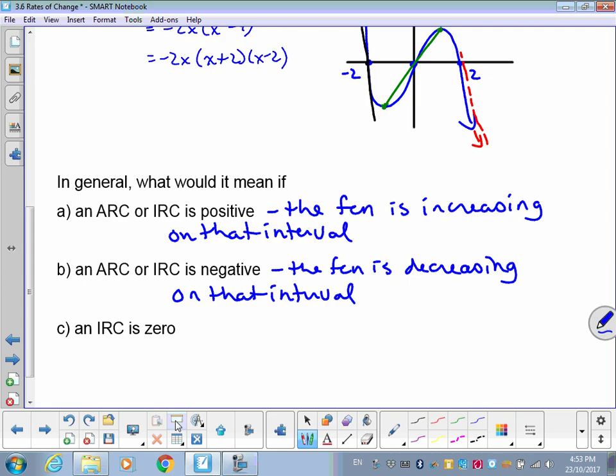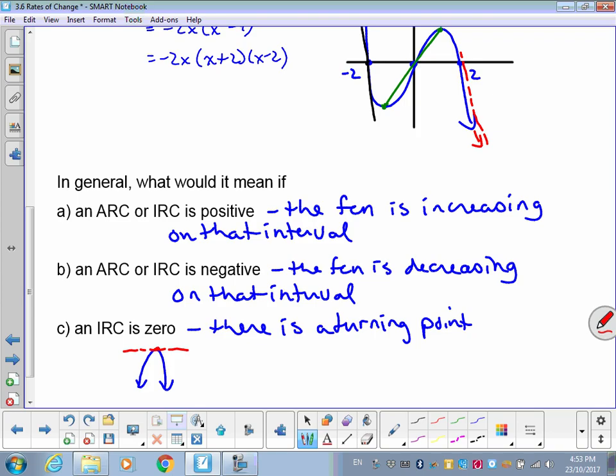And if I draw a horizontal tangent line, where would that happen? It would have to happen at a turning point. If I've got this curve, even if we just stick with a parabola, and my tangent line is horizontal, that's happening at the vertex.